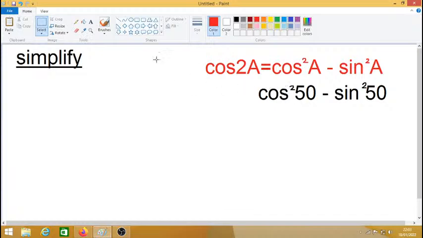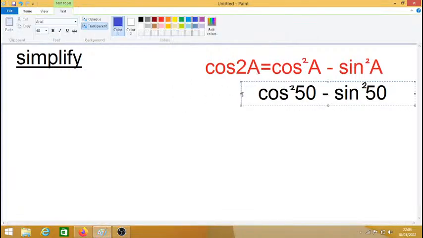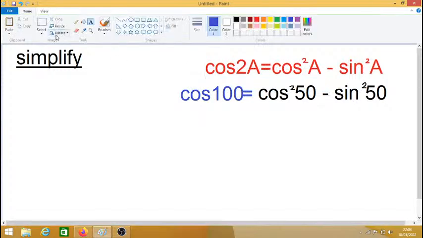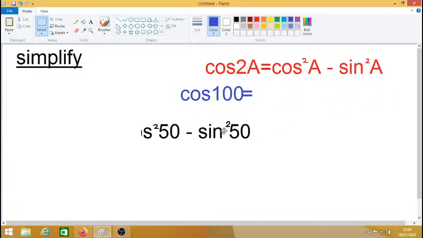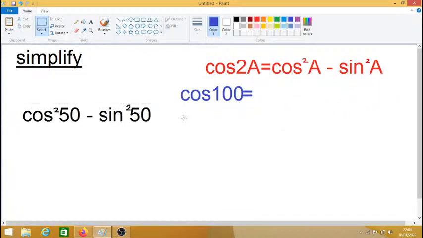So if it's 50 on this side, then it's going to be 2 times the 50 on this side. So that would be equal to cos of 2 times 50, which is 100, so cos of 100. So that's the answer: we can simplify all of this as simply the cos of 100.